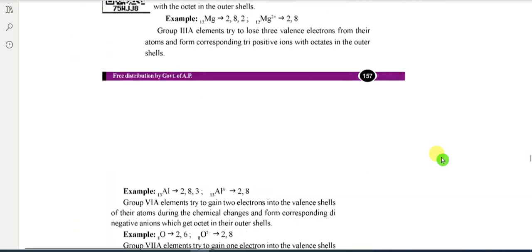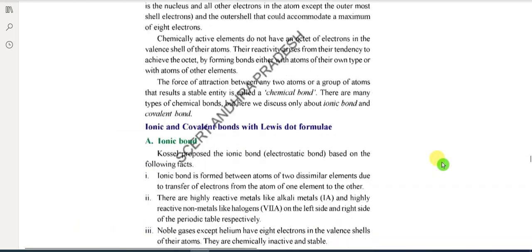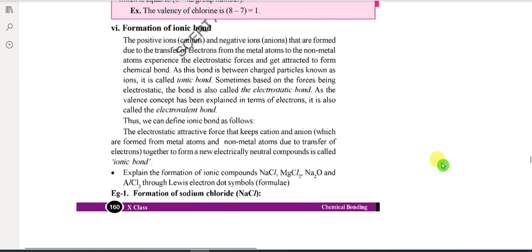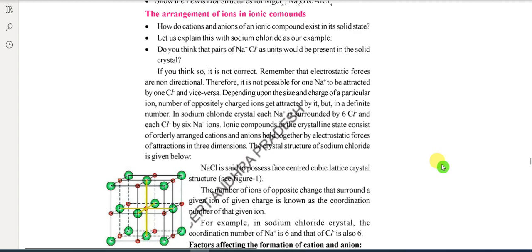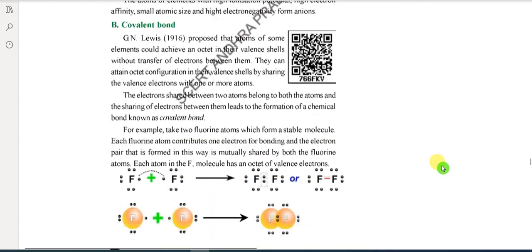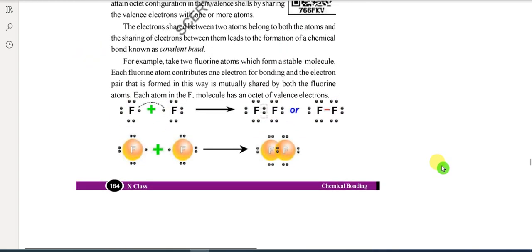And for example, barium. Yes, the covalent bond between fluorine atoms. So look carefully at this one.